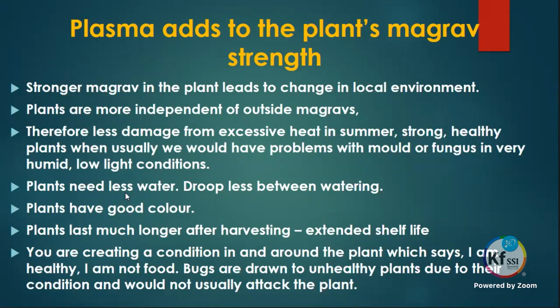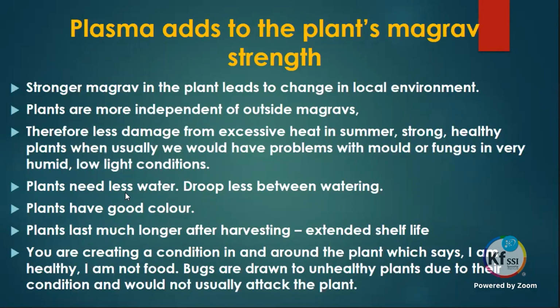When the plant is unhealthy, it would like to give its fields, and so it will call in the different bugs and pests. The plant is essentially giving itself up and becomes food for those pests, because it knows that it's unhappy in its current environment and needs to move on. So I look at the whole pest story from a totally different point of view.